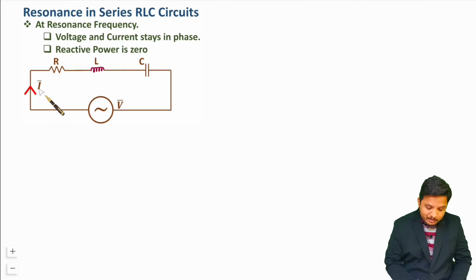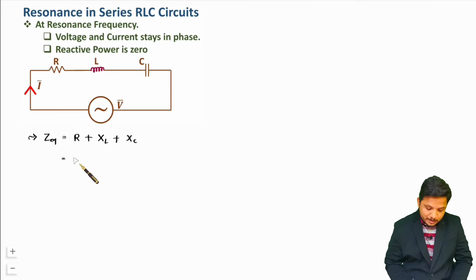If you want to identify the relation of V phasor and I phasor, you should identify the equivalent impedance. Here the equivalent impedance will be the series combination of the impedances of R, L and C. R has impedance R, L has impedance XL, and capacitance C has impedance XC.